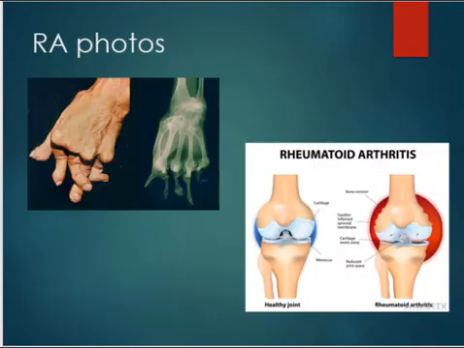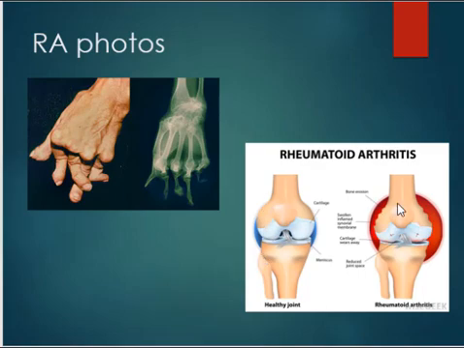These are some graphics of RA patients. You can see this poor person, how deformed their hand has become, and then see what the hand looks like on x-ray. And as a drawing, you can see the healthy joint here, how it has cartilage and meniscus, and it has the synovial fluid that looks intact.